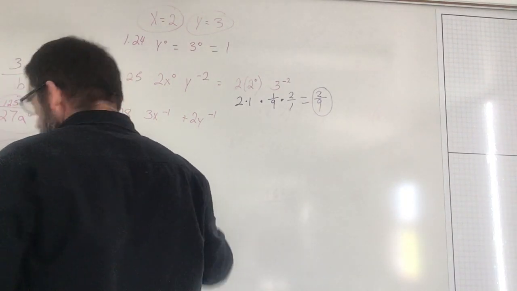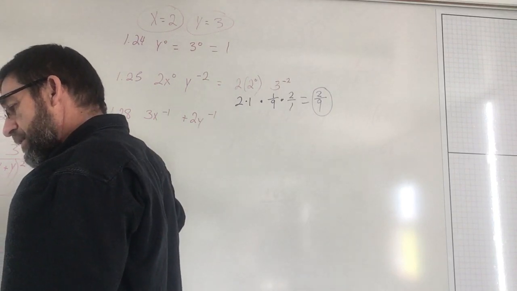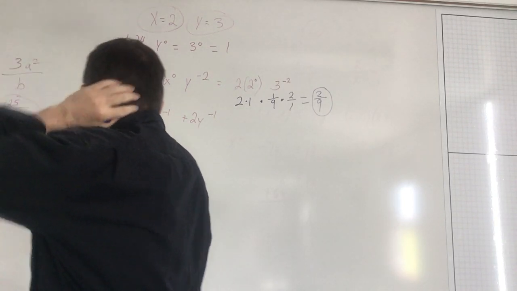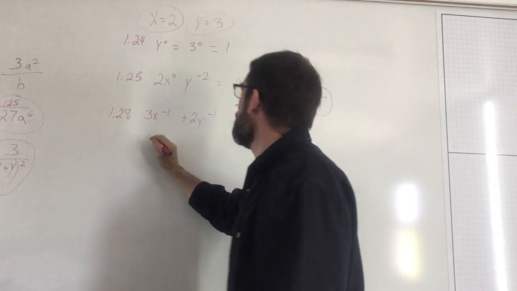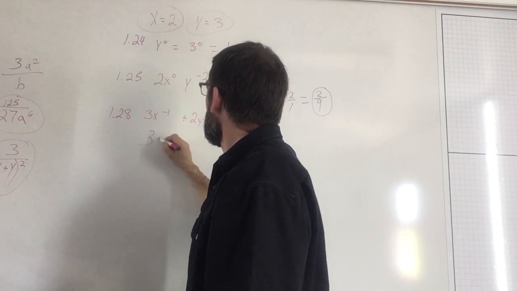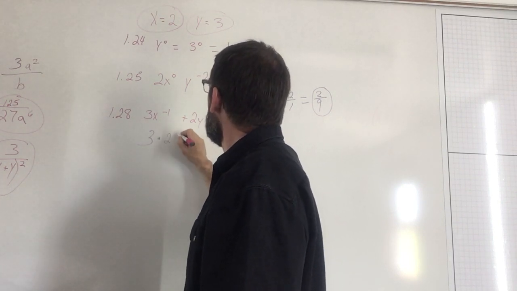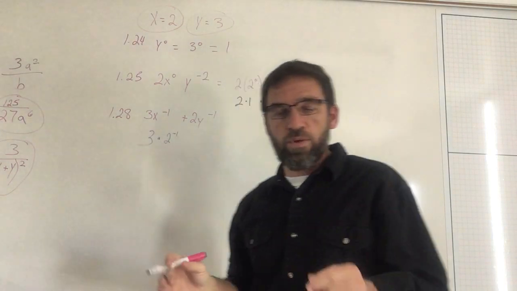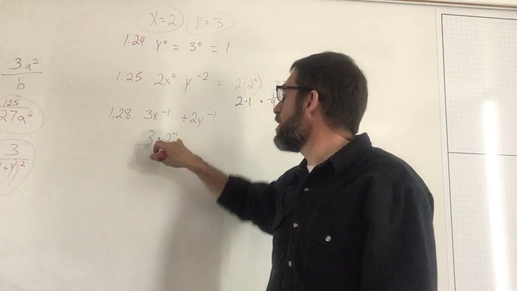And what other problem did I do? I did 128. Okay, we're going to substitute these in here again. We've got 3, and x's value is 2, so we've got 3 times 2 to the -1. So maybe we should just work on this one right away and get it down to correct terms.